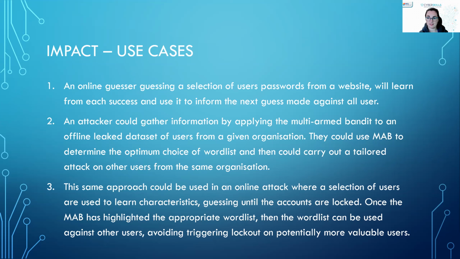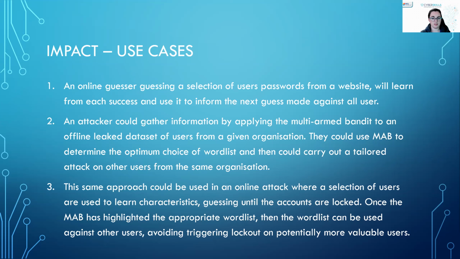I have access to the Hotmail leak, so I could use the multi-armed bandit to learn about Hotmail, choose the optimum choice of word list, and then I could apply that optimum choice of word list to the Hotmail users that are actively using Hotmail at the moment. So I can learn from an offline corpus, and then I can apply that learning to real users in real time.